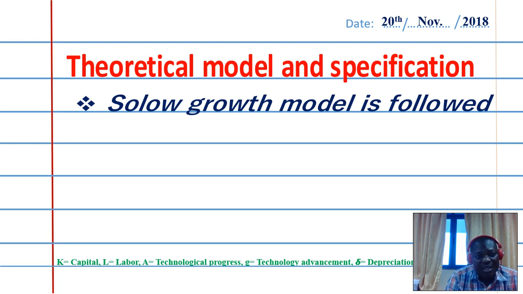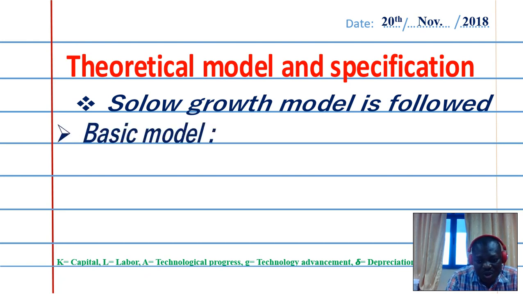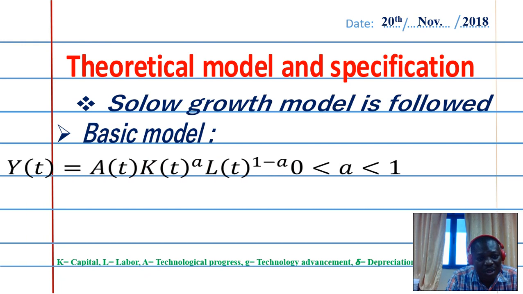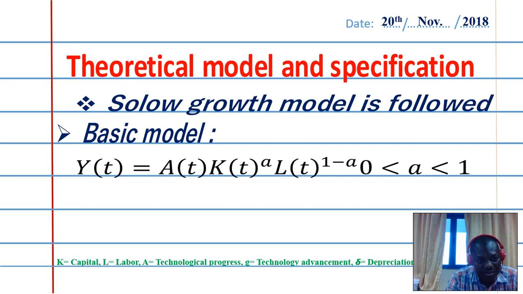So basically, the Solow growth model is a long-term model. So we will consider the basic model and the augmented model. And the difference between the basic model and the augmented model is that the augmented model has human capital in it, but the basic model does not have human capital in it.